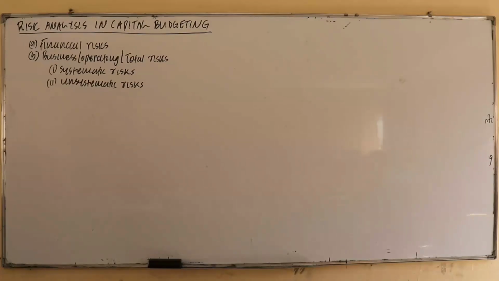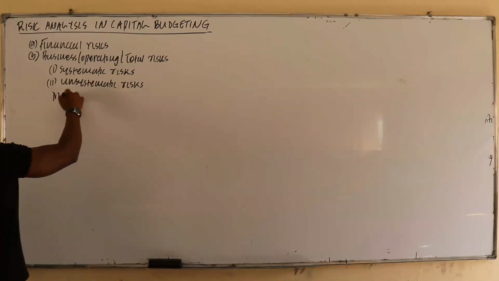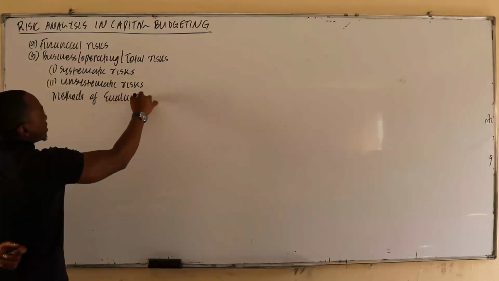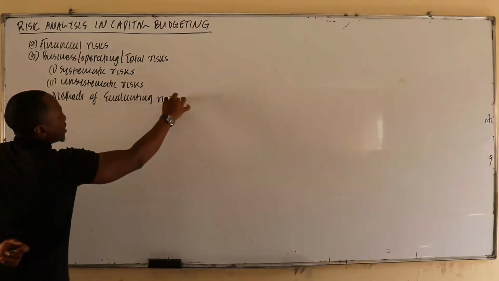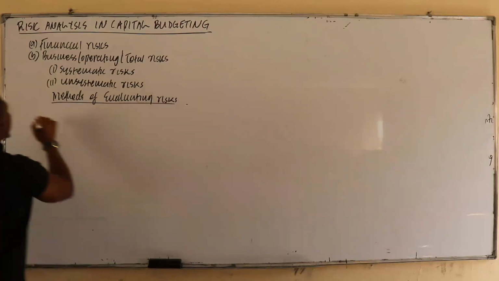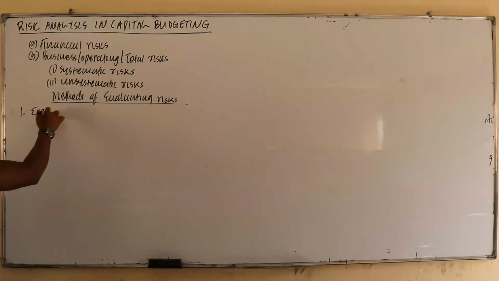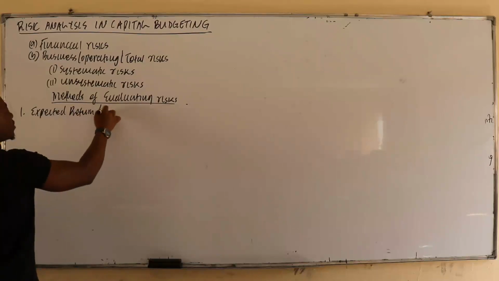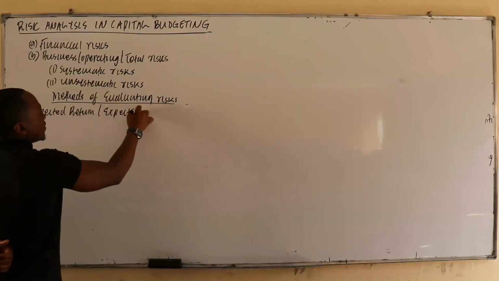Number one, expected return, also called expected monetary value.